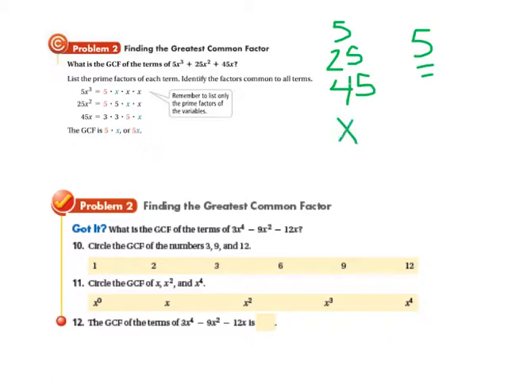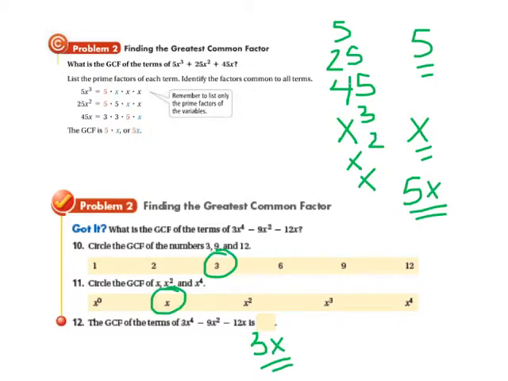And then when I look at x cubed, x squared, and x, the biggest one that they can all be divided by is x. So that means when I put them together, the greatest common factor of these 3 terms is 5x. Pause the video and go ahead and try problem 2. Alright, you should have found that the greatest common factor is 3x.